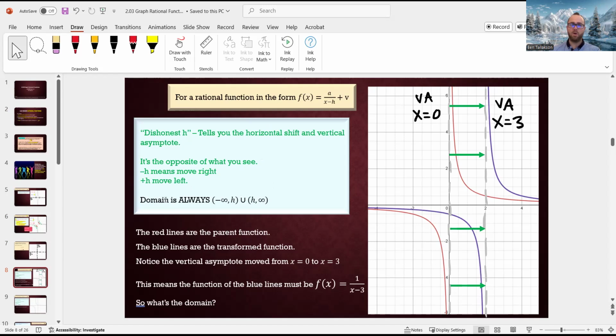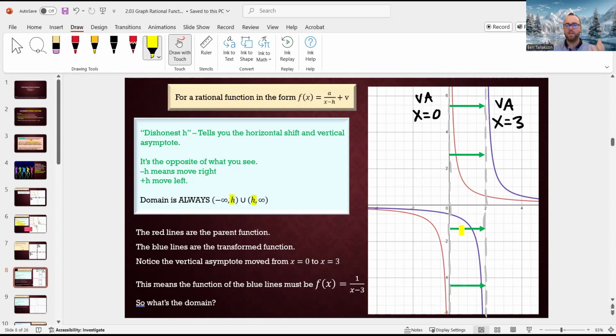Meaning your domain will always look like this, where that h value is going to be here and there. That will be what you skip over. Remember, the parentheses mean that's not included. So let's just look at this original vertical asymptote, for example. We know and we can see that these red lines are never going to touch this vertical asymptote.